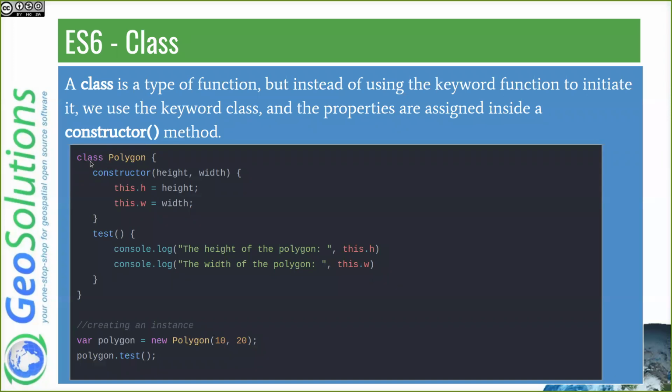Basically, a class can be created using this syntax: class, and then the name of the class. You can include a constructor that is invoked when you create a new object of this class, and here you can assign to this object some values coming from the invocation of the new syntax.